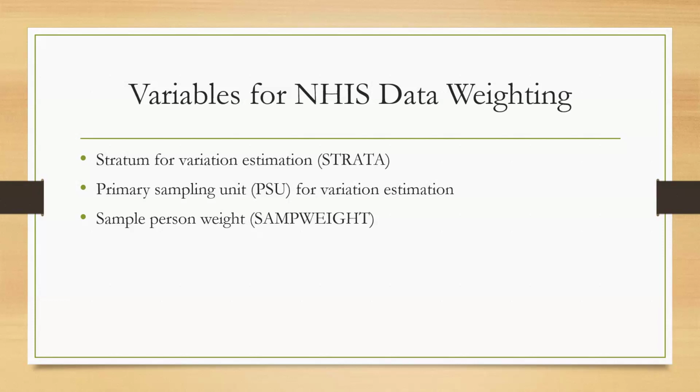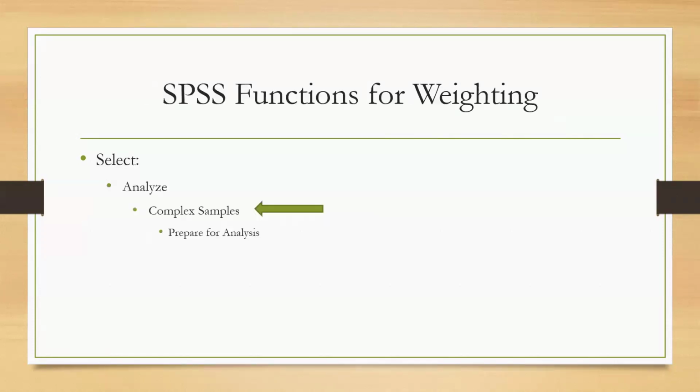Next, what tool are you going to use in SPSS to perform this analysis? The familiar tool we know in SPSS for most analysis is Analyze. Once you click on Analyze, there is a function called Complex Samples.